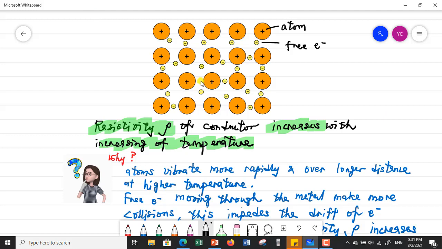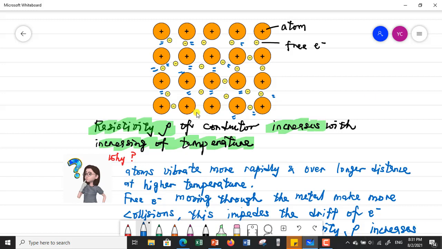They will start to vibrate up and down. So all the atoms will vibrate up and down over a larger distance.